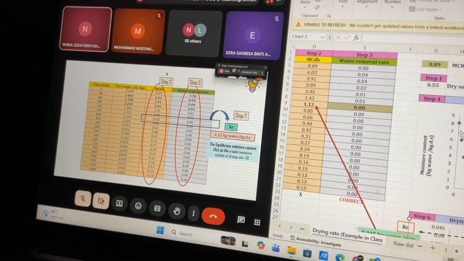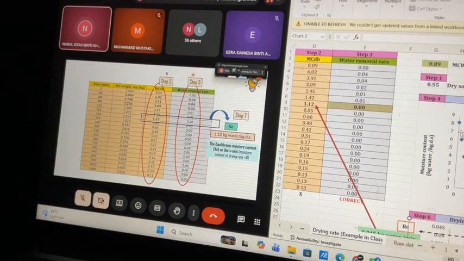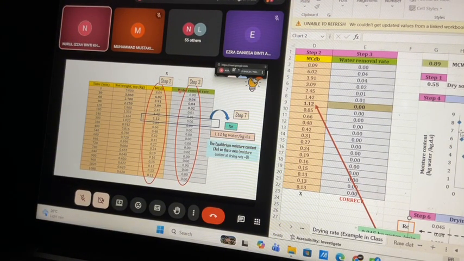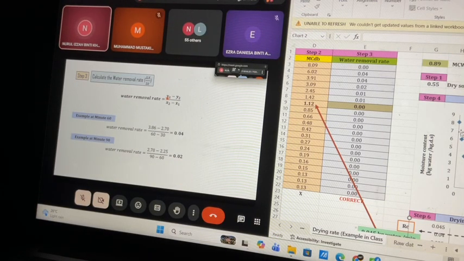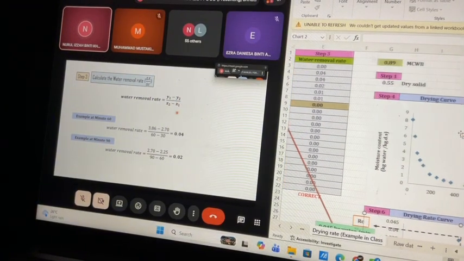Okay, step 3 here is you have to calculate the moisture content, X here for example, and then to calculate the water removal rate, you have to use this formula: Y1 minus Y2 divided by X2 minus X1.